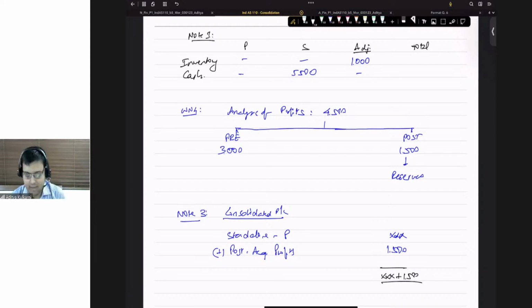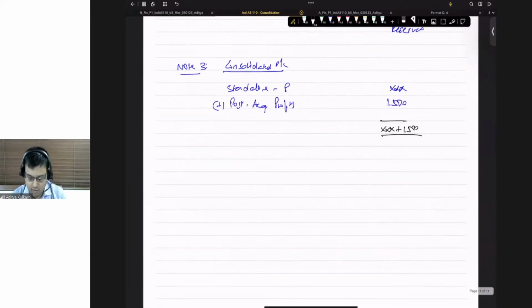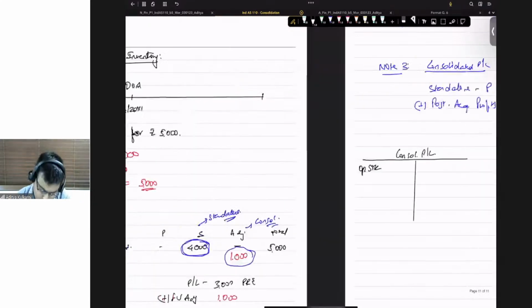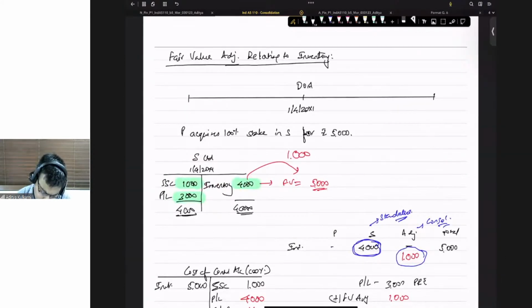Adjustment of 1,000. If I have to prepare a consolidated P&L, the opening stock will not appear at 4,000.